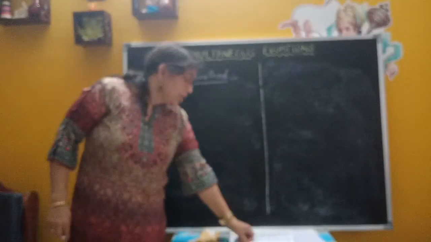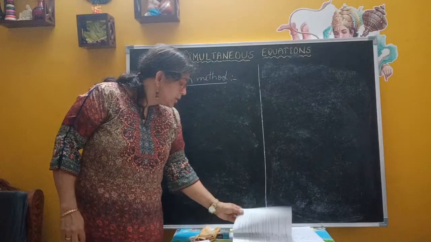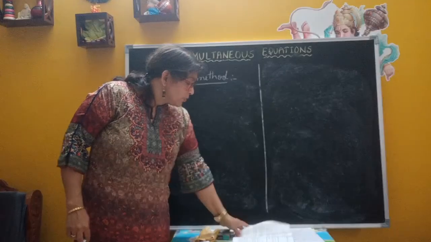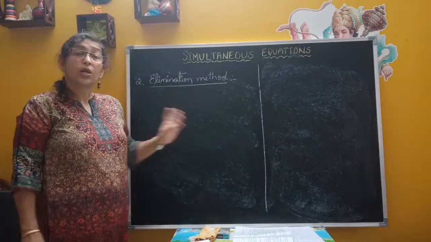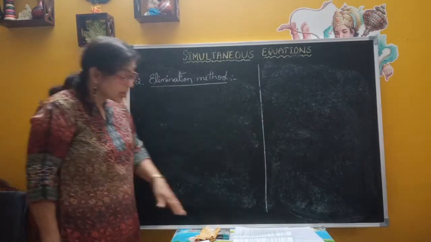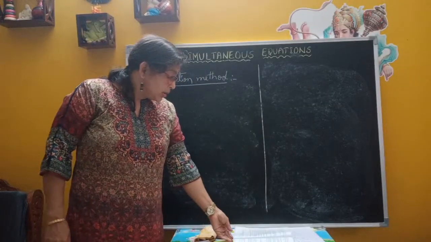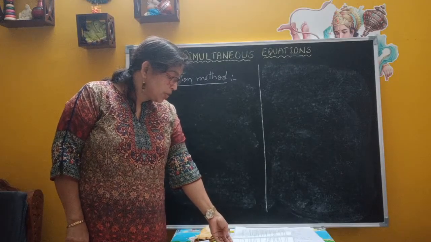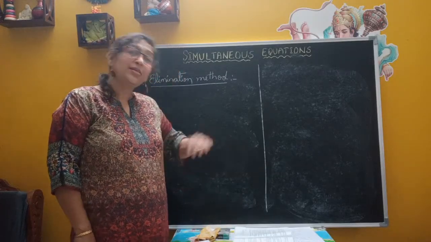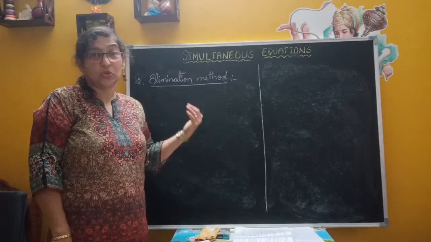So let me explain with an example. Let us go with the first problem in exercise 3.4. Here also I'll go with a simple one first. The question says: solve the following linear equations by elimination method and substitution method. So we need the substitution method here also.